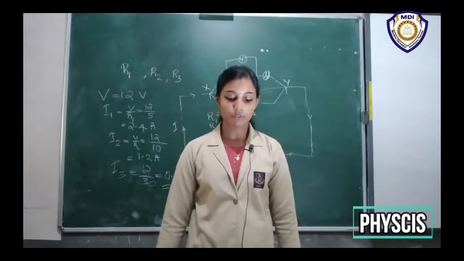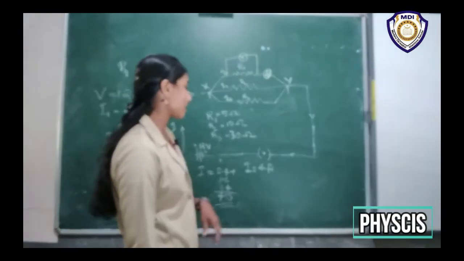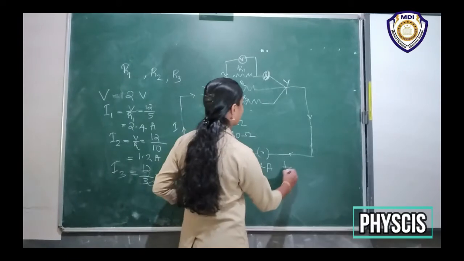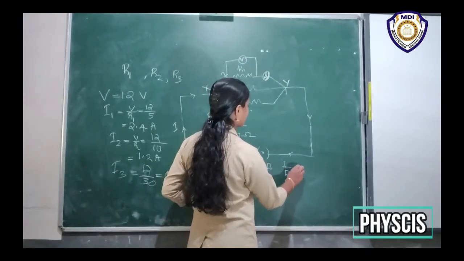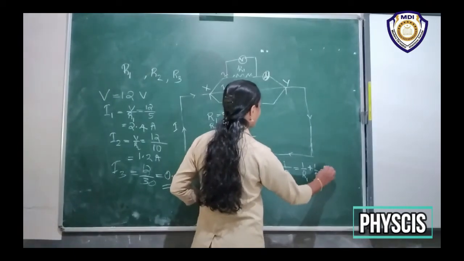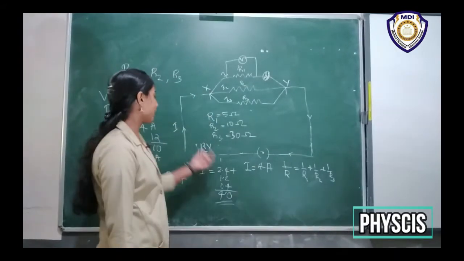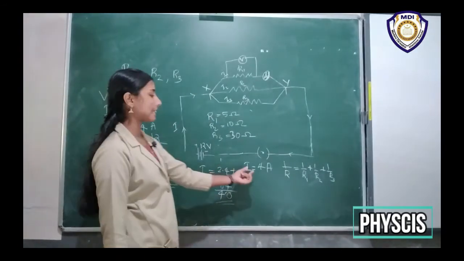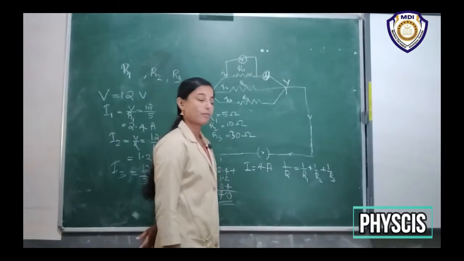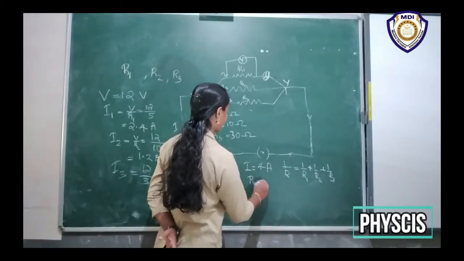And one more thing, we have to find the total circuit resistance. We know the reciprocal of the total resistance is 1 by R is equal to 1 by R1 plus 1 by R2 plus 1 by R3, right? And if we know the voltage and the resultant current, from here also we can find R with the help of Ohm's law.